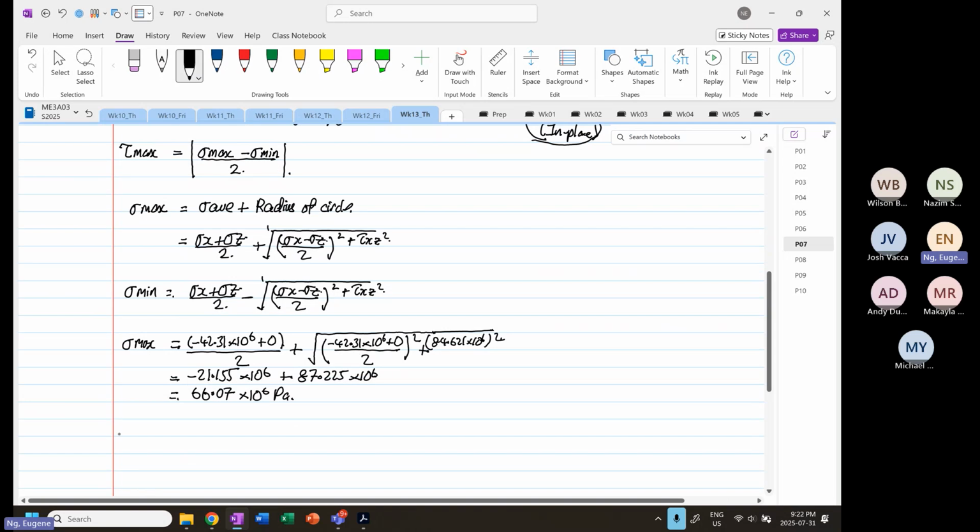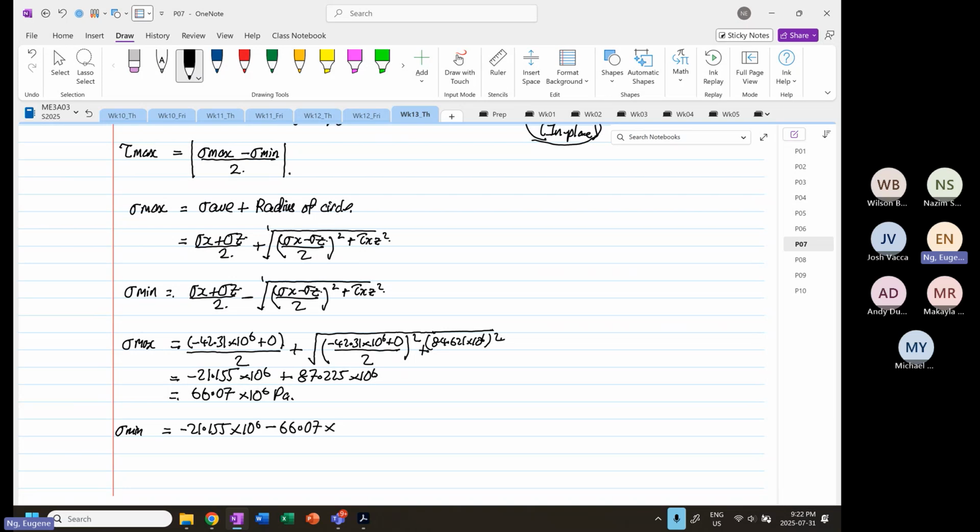And stress mean, because you already wrote it down, you just need to do minus. So minus 21.155 times 10 to the power 6 minus 66.07 times 10 to the power 6, right?